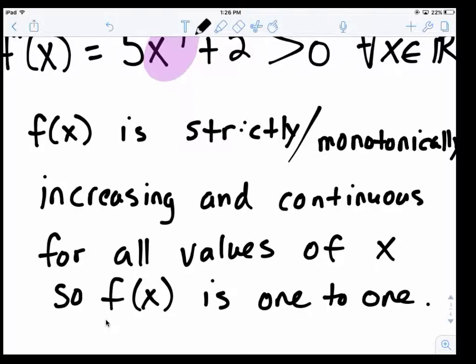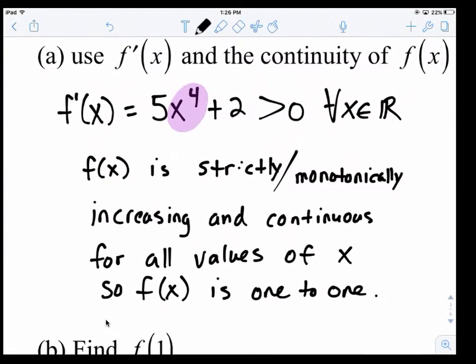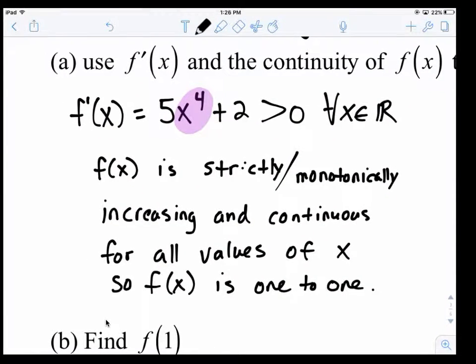The original was a cube? It's always positive. So you have to show that it's going in the same direction, so it's always going up or it's always going down.